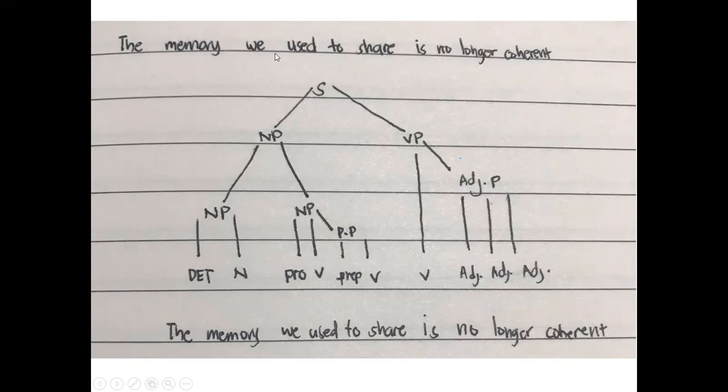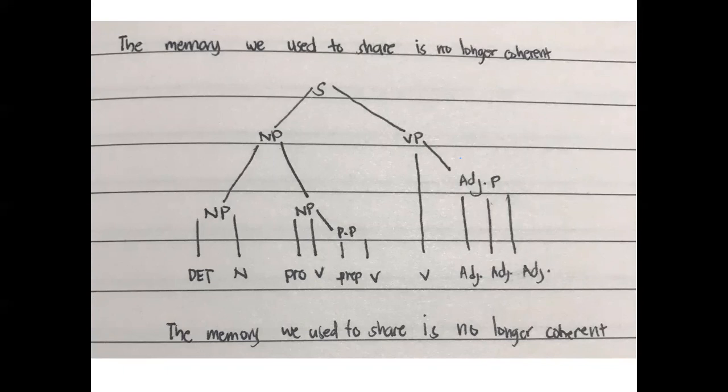But actually, if we try to phrase it bit by bit, we have the memory we used to share is no longer coherent. When we try to exclude some phrases, the memory is no longer coherent. It still has a thought.